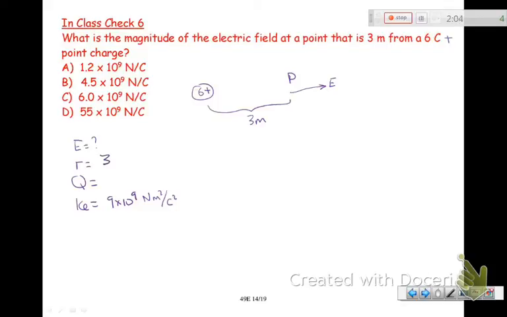I think that was 3 meters, and this was positive 6. I got 5 votes so far, I'm about a third of the way there.